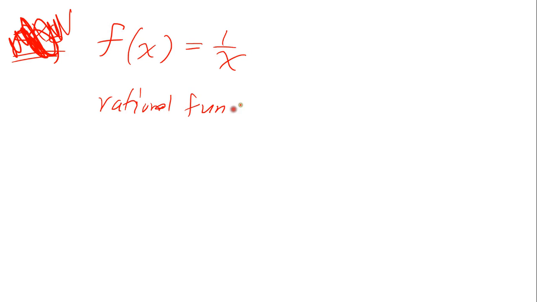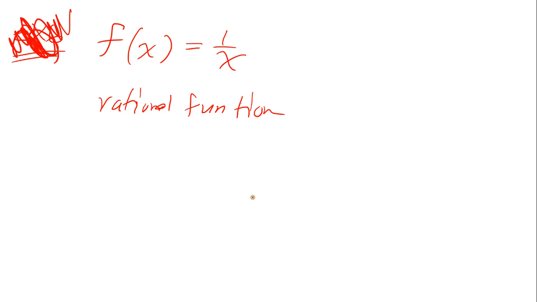So for one specific type of rational function, now, this is not the only type of rational function. There's plenty of other types, because this is one specific one we'll talk about the graph for.